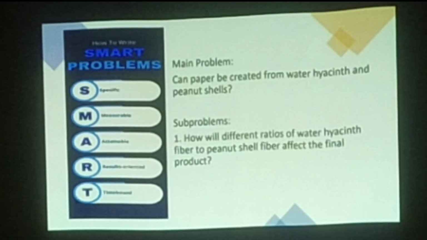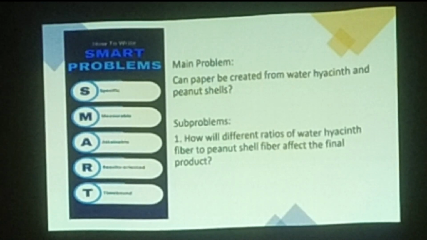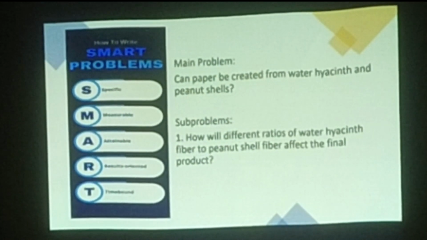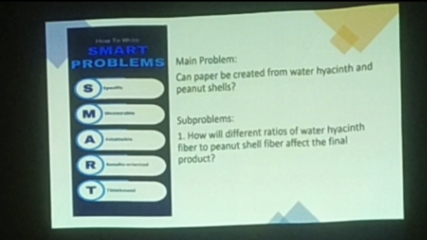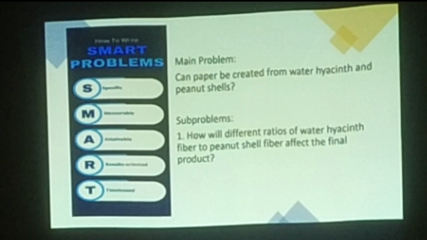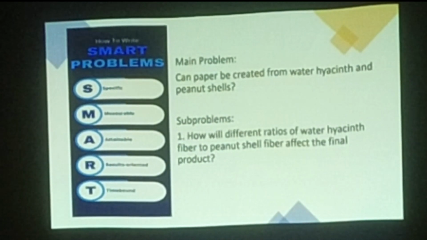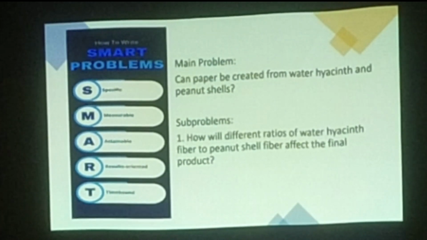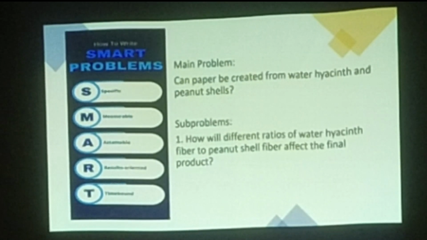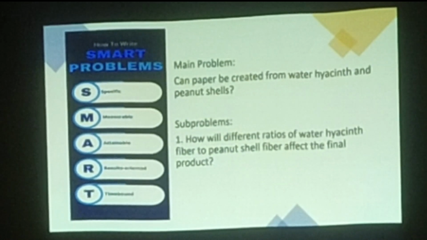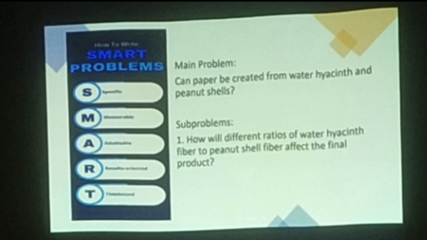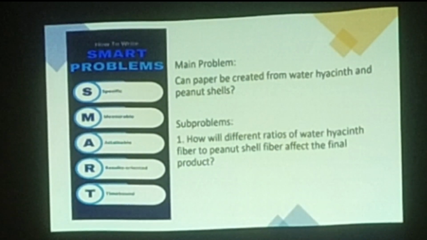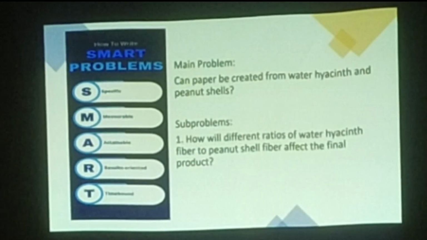Okay, ratio of water hyacinth fiber to peanut shell fiber. But is it really specific? Yon, dapat na may mention yung ratios. So, anong ratio? 1:1, 1:2, etc. Because if I were the designer of the experiment, I know that these are the ratios I'm going to test. So, that makes it more specific. When you say specific, it's because it specifies the fibers to be used. But in terms of how much, then you have to be more specific.